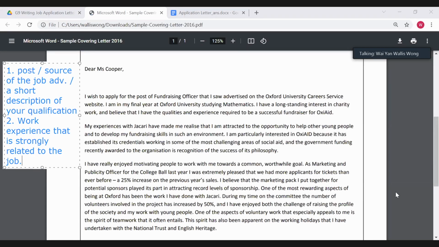Anything more, Vicky? The reputation you got. Oh, good. So you need to talk about the achievement you have, and also you need to show interest about the job.